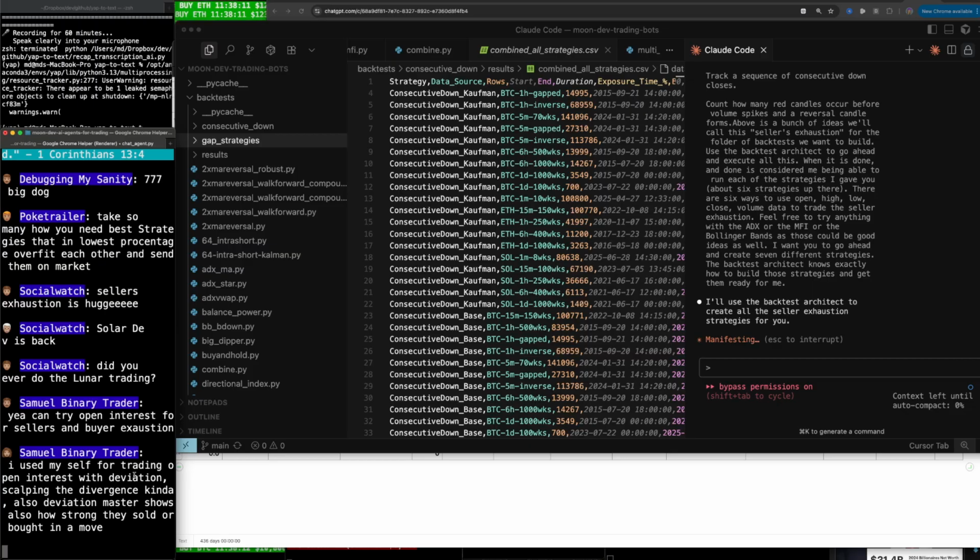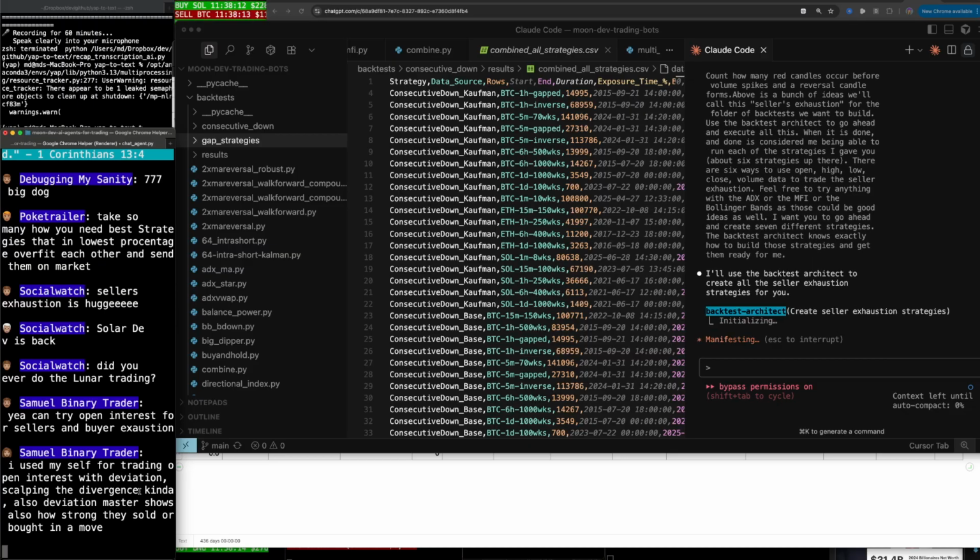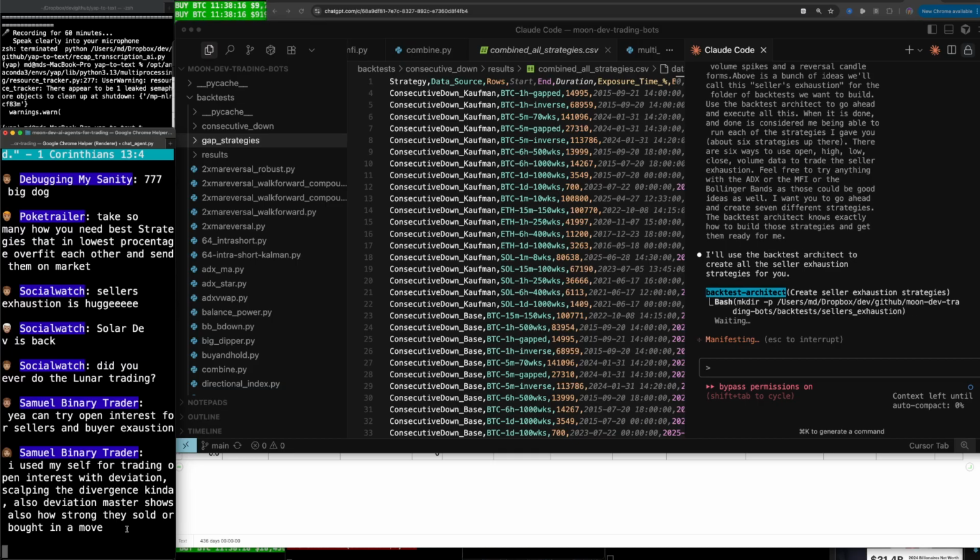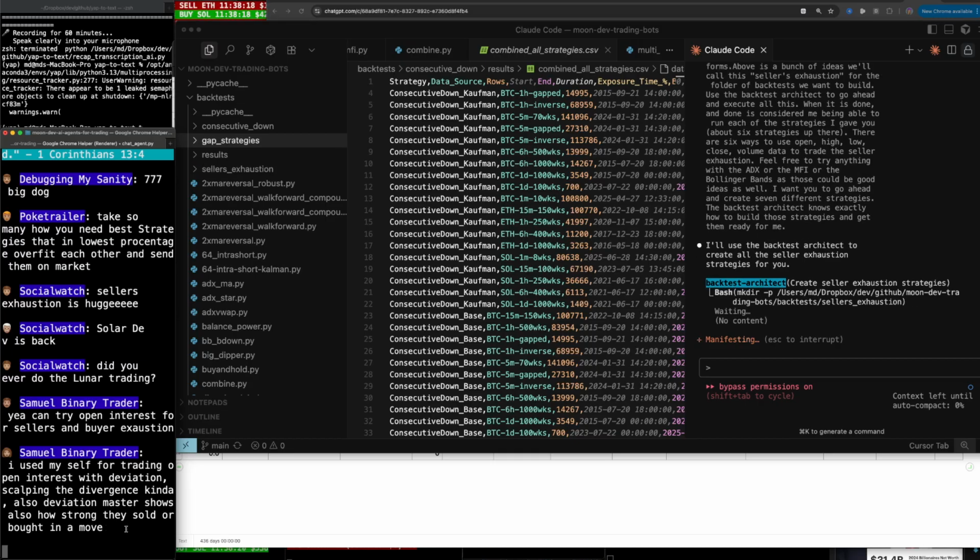I used myself for trading open interest with deviation, scalping the divergence kind of. Also, deviation master shows how strong they sold or bought in a move. Interesting, dude. Very interesting.